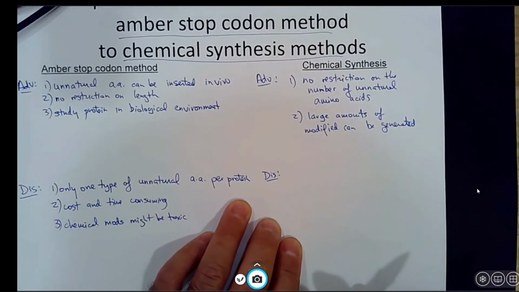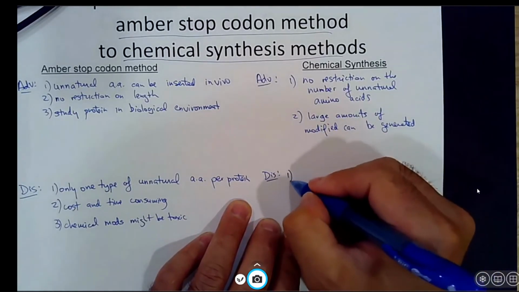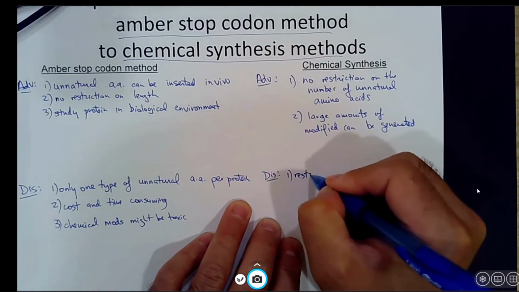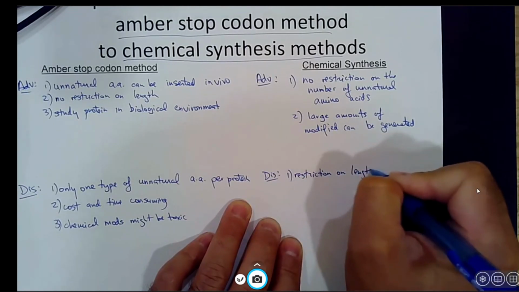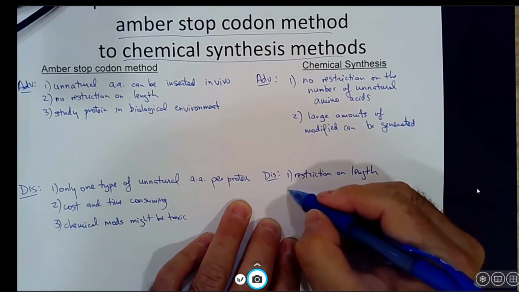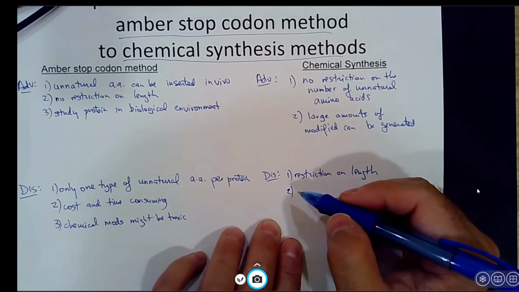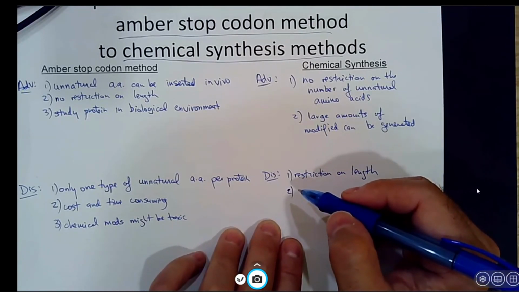Okay, disadvantages. Well, the biggest one is the restriction on length. Chemical synthesis of peptides is restricted depending on the length of your peptide. You can't make a 1,000-mer protein using chemical synthesis.